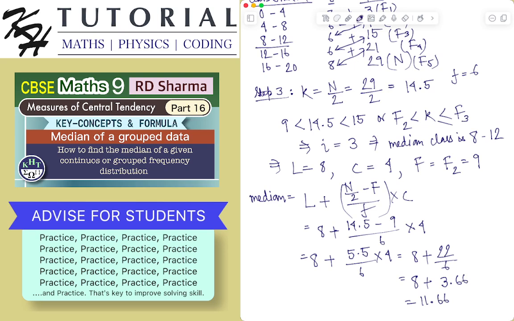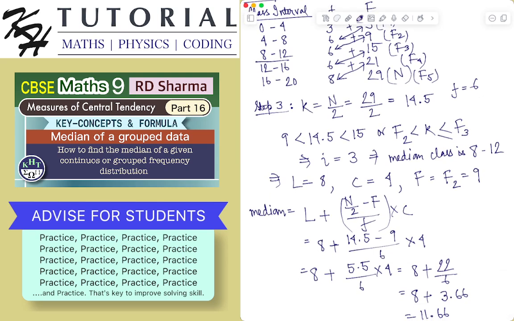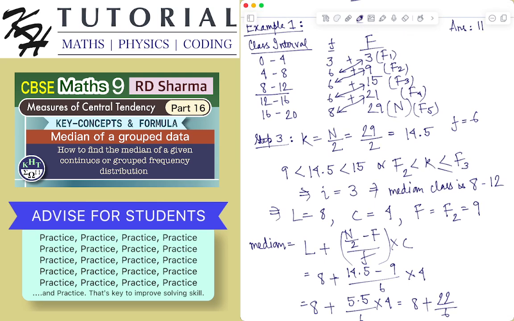Maybe approximately the answer is given to be 11, but let me quickly check if I have done the calculation correctly or not. So the total number of observations was 29. n by 2 is 14.5. Okay, so 14.5 is lying between 9 and 15. So the median class will be 8 to 12. Small f is the frequency of the median class, which is 6.